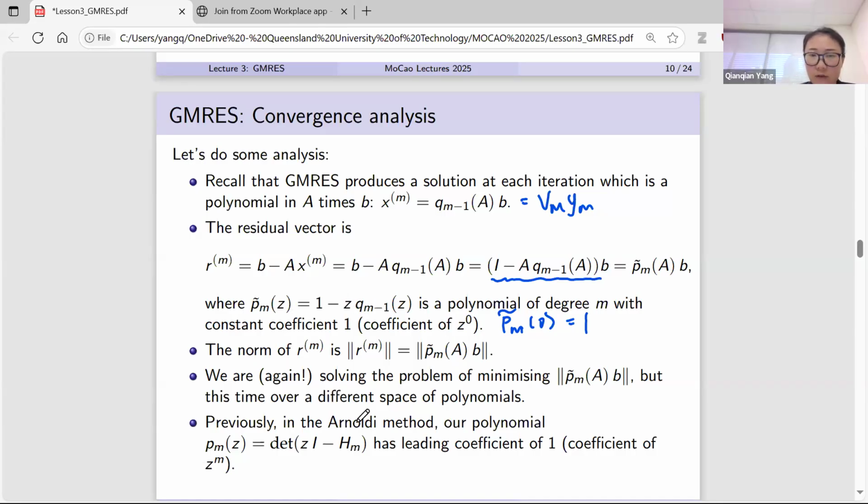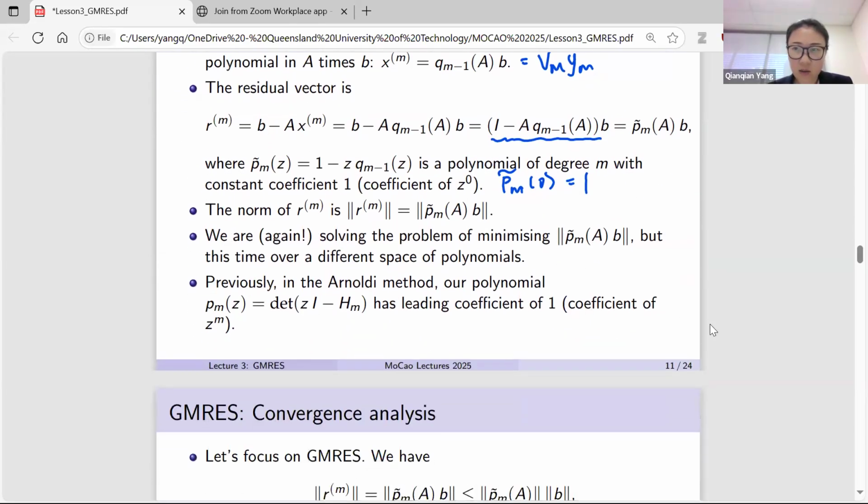This is different from the Arnoldi method from last lecture. In the last one, Pm of Z is the characteristic polynomial of Hm, and this one has leading coefficient 1, so the coefficient of Z^m is 1. So two different polynomials.